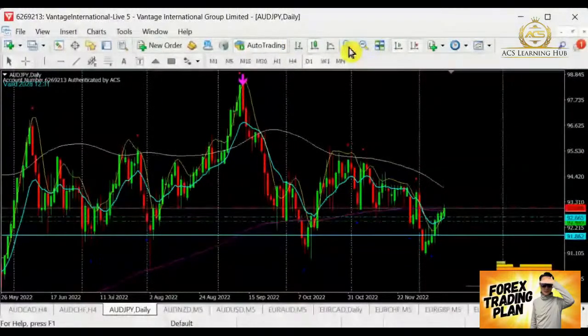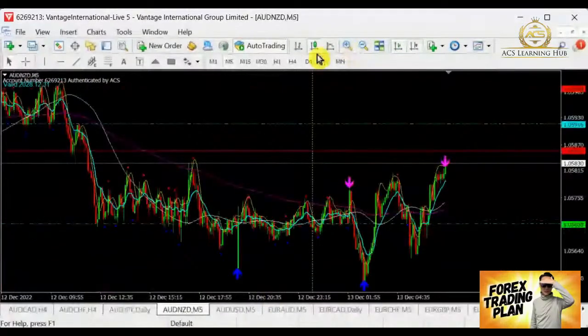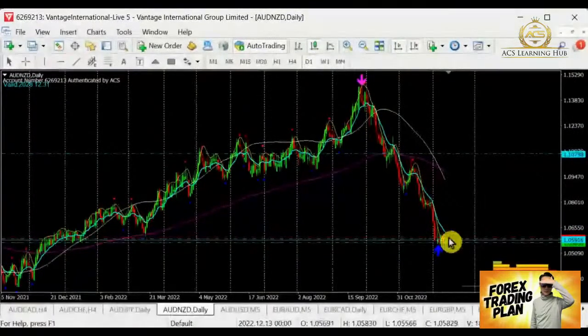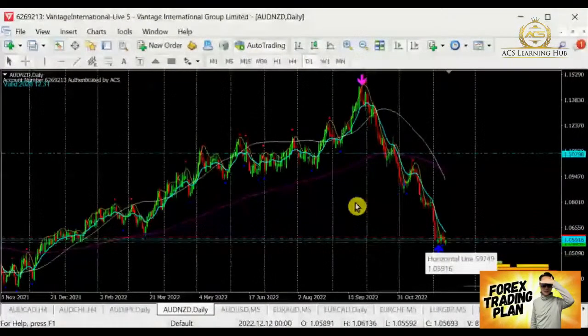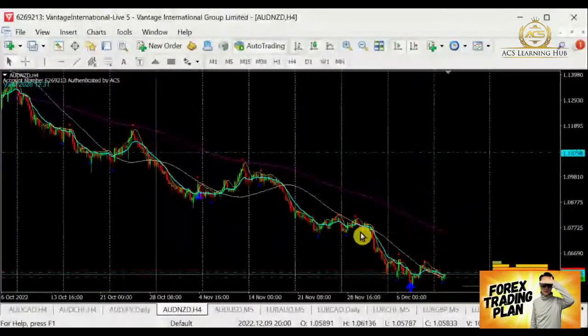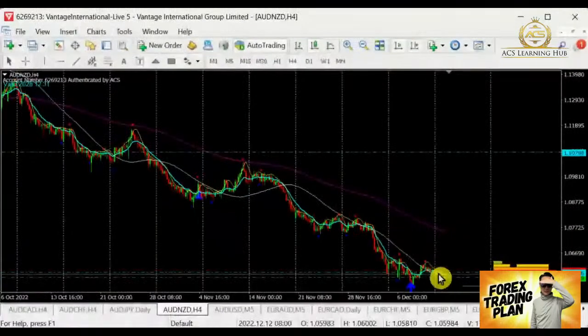Next to go, Aussie Kiwi. Well, Aussie Kiwi, we are in the bear. Selling is possible, but for the past few days we're at the support. So in this case, I'm still waiting for Aussie Kiwi to break support, then I will be able to continue.